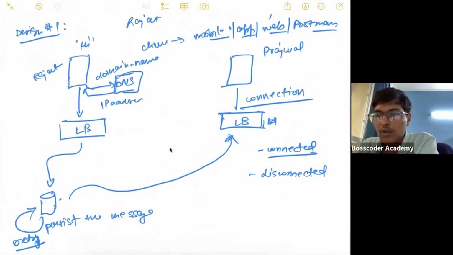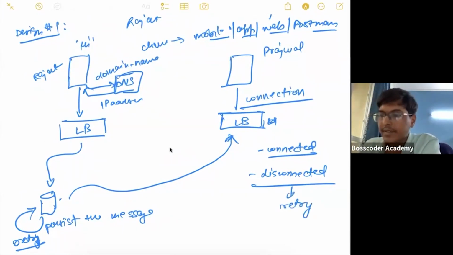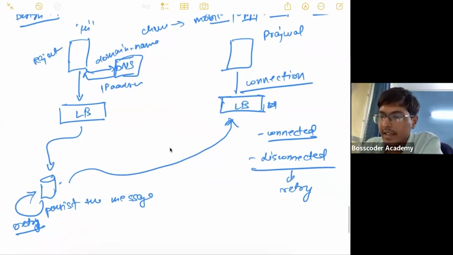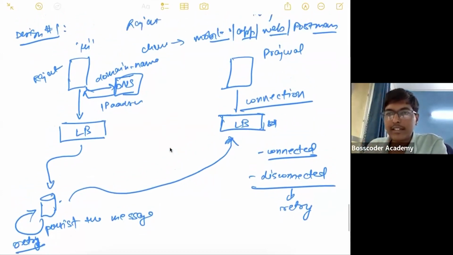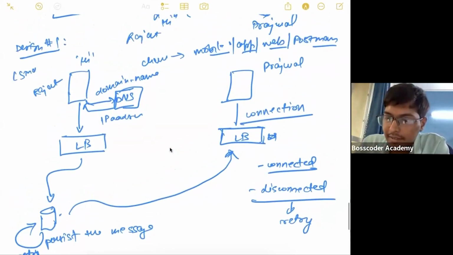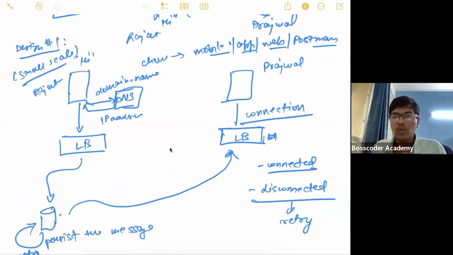Okay. Now this makes sense. If it is disconnecting, then we have to retry. Right? So now let's think of different things in this. Does this make sense? At very small scale, if we are not scaling, then this is how the system will look.